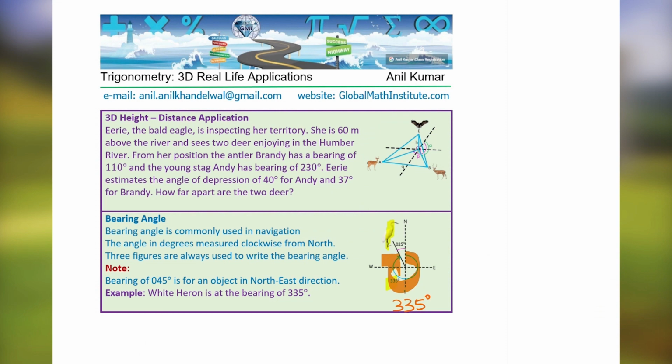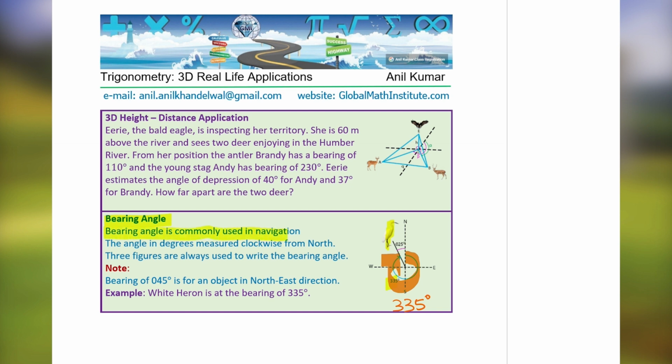Also remember that when we talk about the bearing angle, it should always be written in 3 digits, right? So we use 3 figures to write a bearing angle. So that is to say, if we are talking about a bearing of 45 degrees, that is the direction northeast, I will write it as 045 degrees. You understand? So let me again define the bearing angle for you.